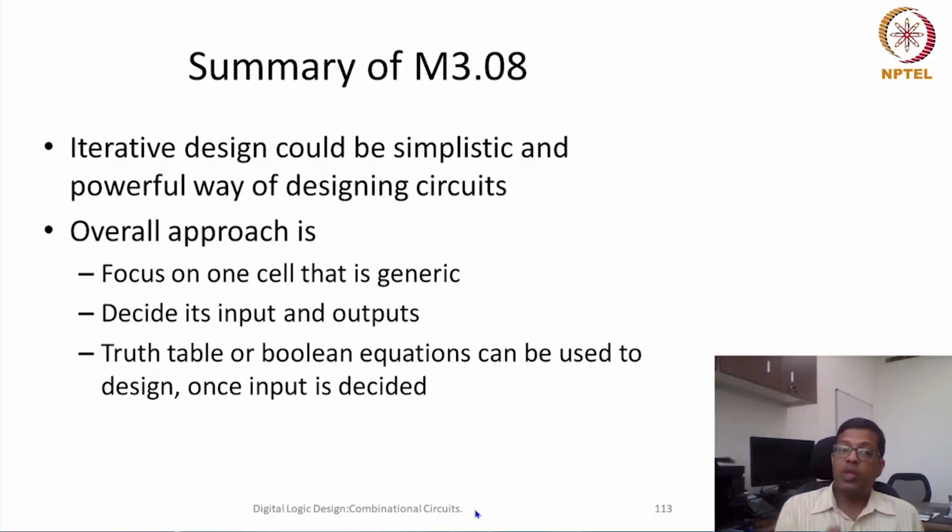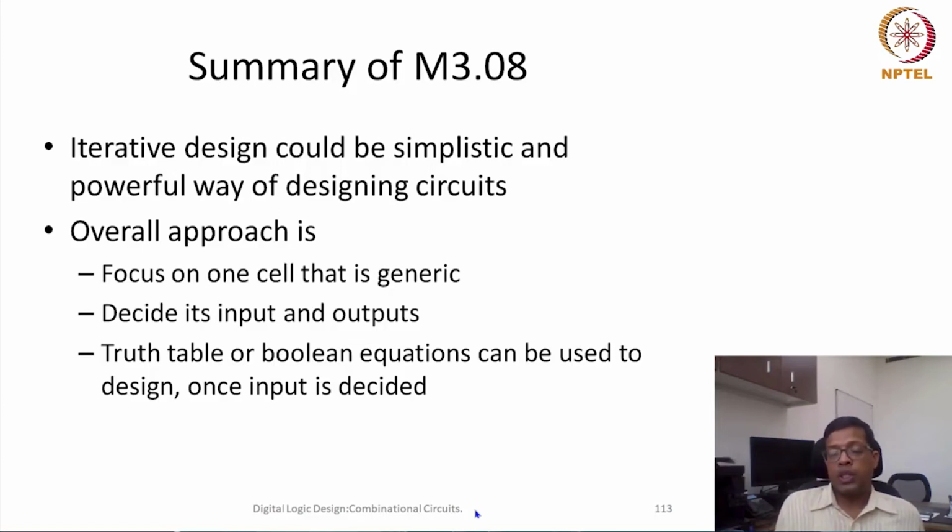So that way we have to decide what the inputs and outputs are, and what is the semantic meaning of input and output. Once we know input and output, then we can go ahead and create a truth table, or sometimes Boolean equations are faster, then we can use Boolean equations also, and after that our design is almost ready.